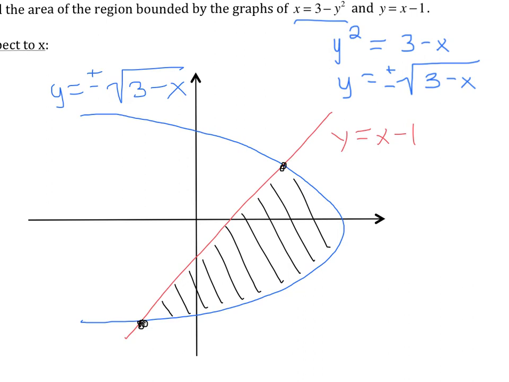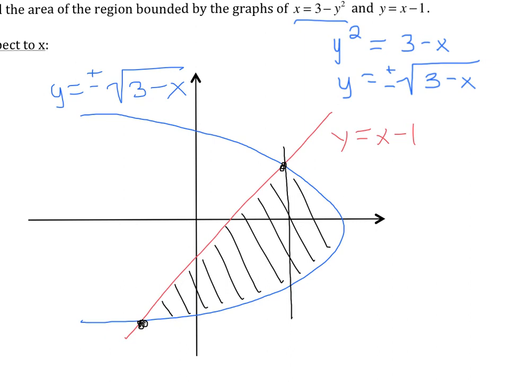We would have to find our limits of integration by setting them equal to each other. And then you realize that you sort of have a difficult thing to do, because for a while, the line is on top of the curve, and that's fine. I would say from here to here, we're in business.